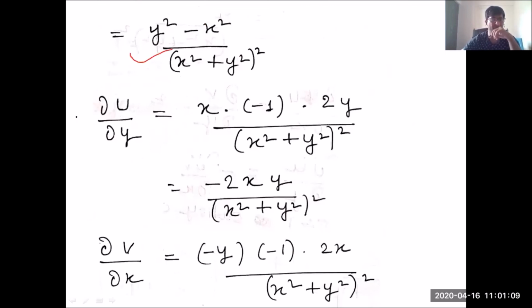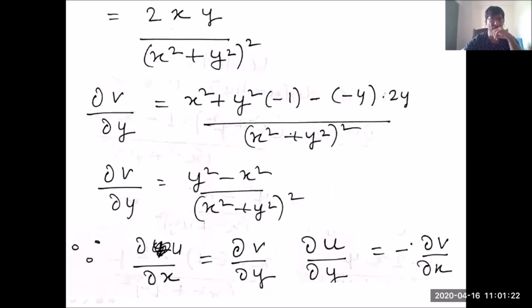Similarly, we find del u with respect to del y, which gives this term. In a similar manner, we find del v with respect to del x, which gives this term. And lastly, del v with respect to del y, which gives this particular term.